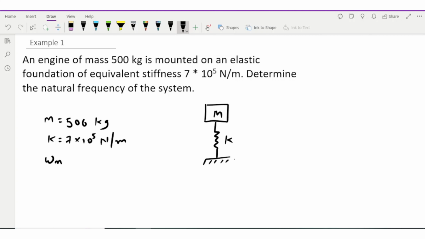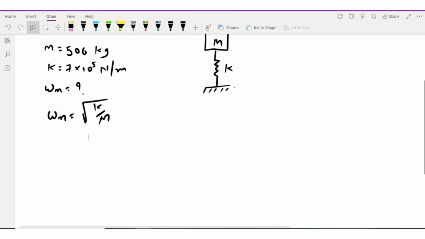As I saw in the theory, the natural frequency of the single degree of freedom undamped free vibration system will be omega n equal to square root of k by m, and here both are known, k stiffness and m mass, so we can directly find the natural frequency of the system.